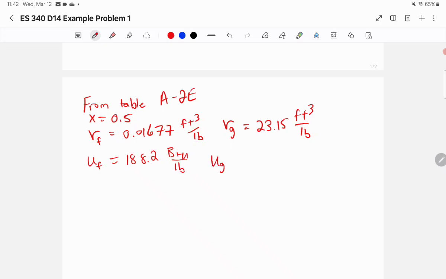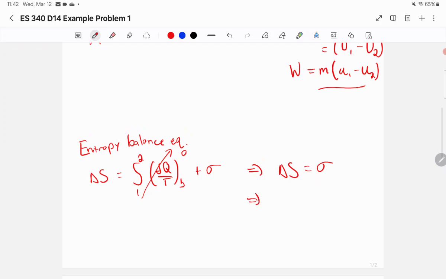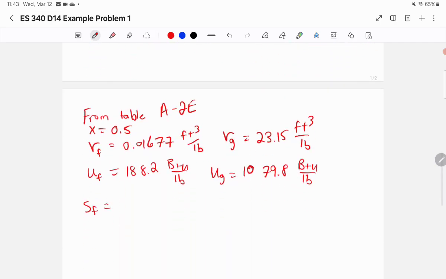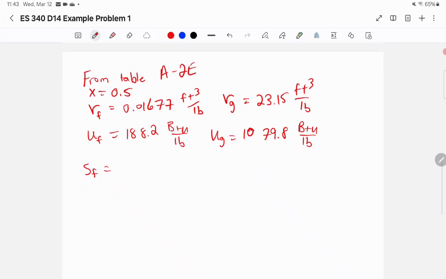And UG is equal to 1079.8 BTU per pound. And SF, because we're going to need the entropy, obviously. This will be m times s2 minus s1 equal to sigma, just as a side note here. So we need these lowercase s's as well.